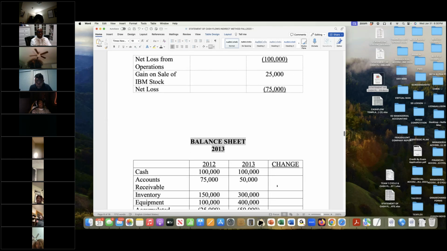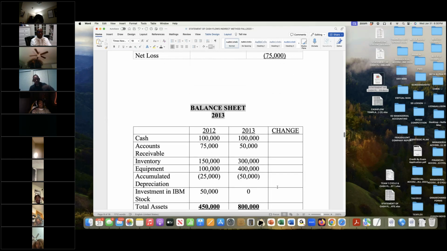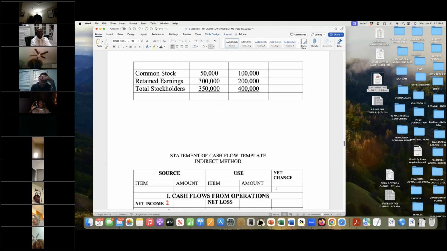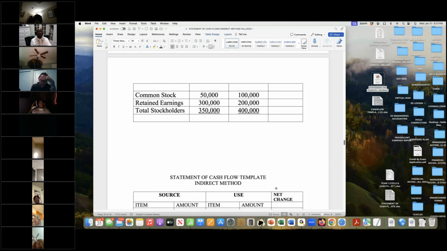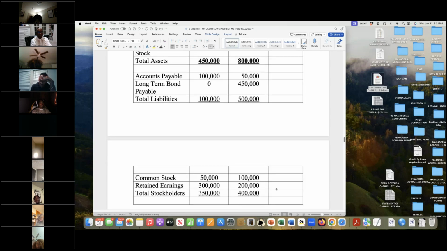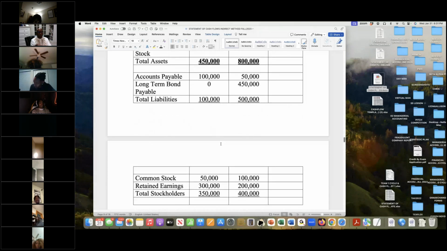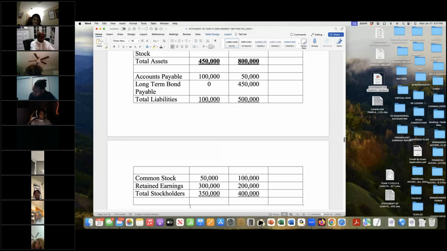Then we have a balance sheet. And on this balance sheet, hopefully, everything equals out. Let's see, total assets 450 over here. So I think when we put the total down here, this is 450.